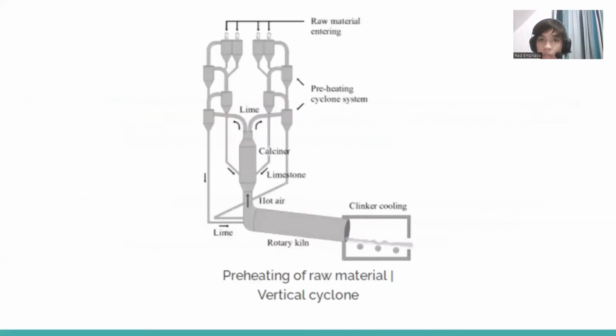We can see in the diagram that they are vertical and alternating. And the more cyclone separators in one machine, the more it increases the efficiency of separation of solid materials from the stream of gases.